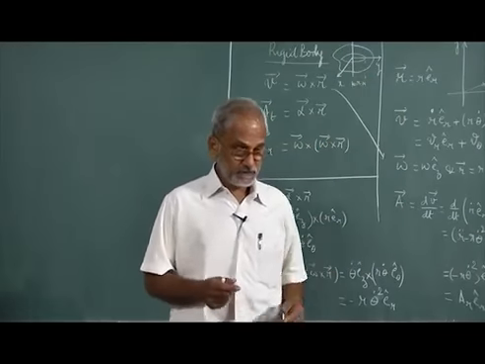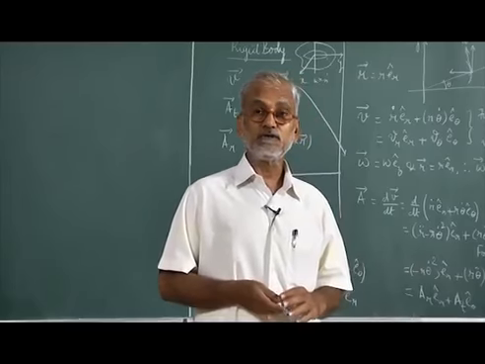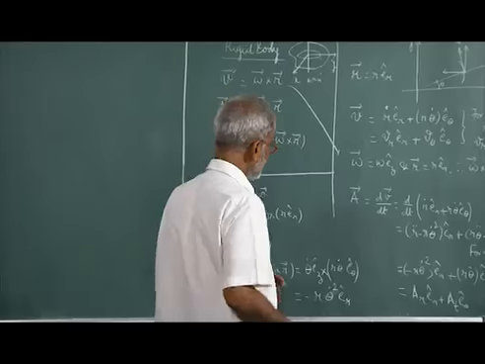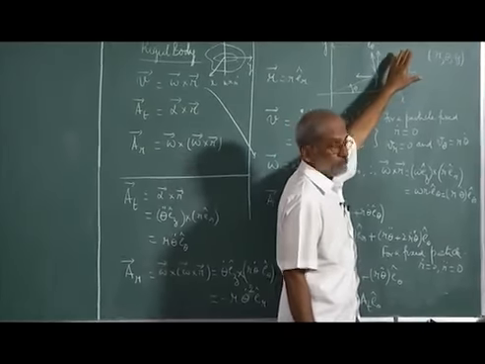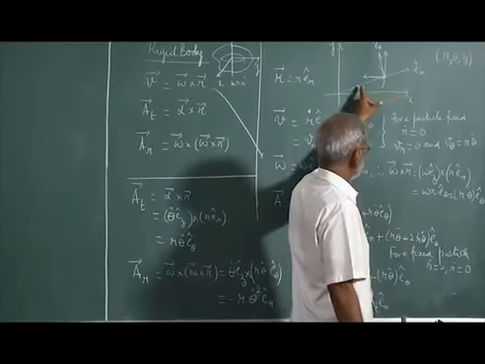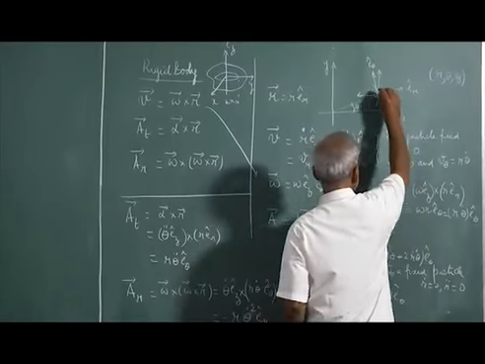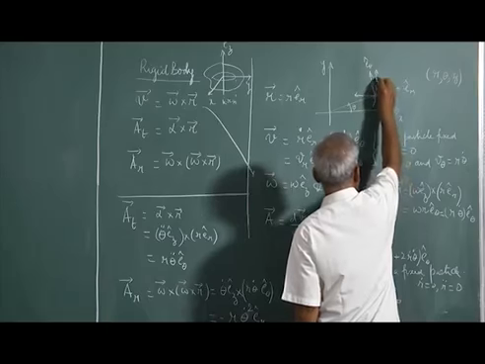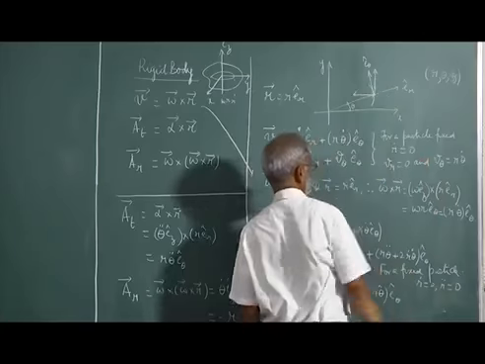However, you would have studied earlier the motion of a particle in 1 dimension and 2 dimensions. Suppose I consider the motion of a particle in 2 dimensions, the particle can go anywhere, therefore this distance r can change, what you call the radial distance, and this is what you call the theta vector. This is the direction of theta once you rotate from here to here.